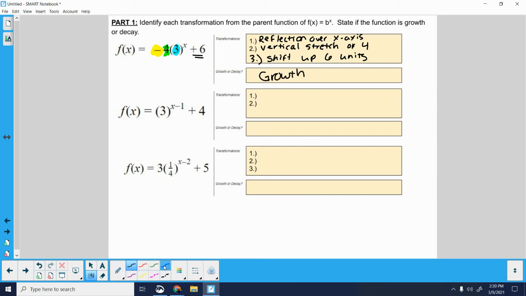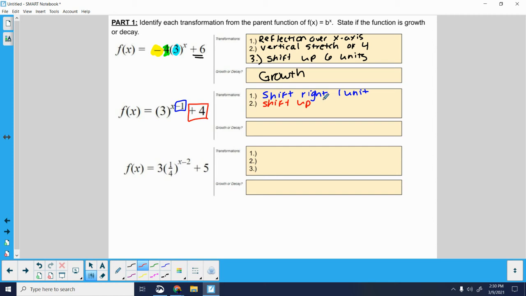All right, for the next one, we have the graph going to the right 1, because minus means we do the opposite of what our brain thinks. And then the plus 4 at the end here, that is shifting it up 4.